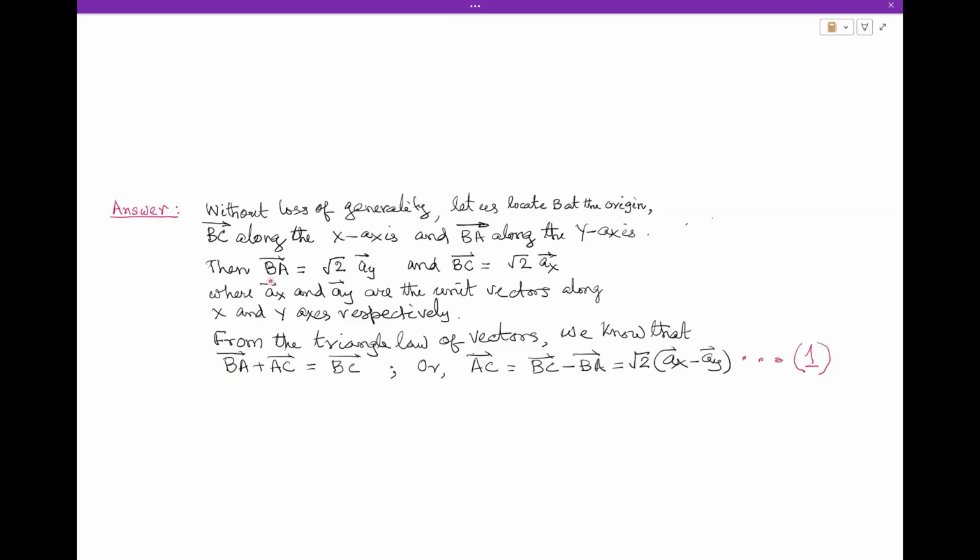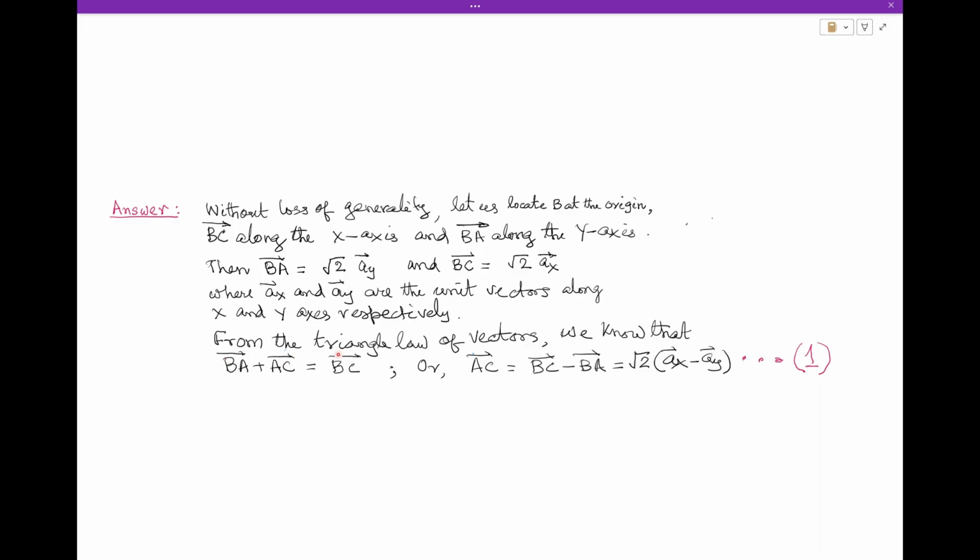Then BA being in the y direction can be represented as a vector as √2 AY, where √2 is the magnitude and AY is the unit vector in the y direction. Similarly, BC vector is equal to √2 AX, where AX is the unit vector in the x direction.